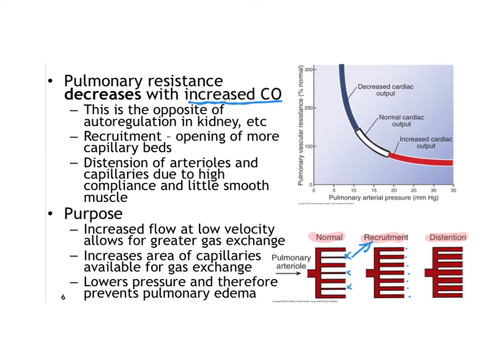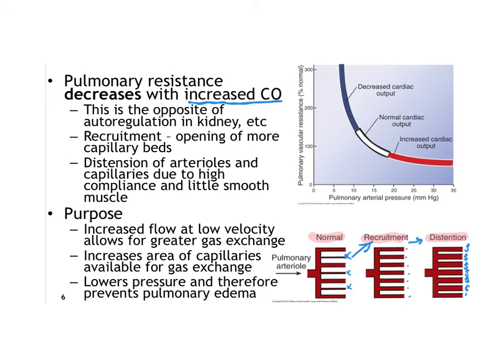If I increase cardiac output more, I have a process that's known as distension, so that these are distending, they're getting wider, so they can distend because, again, they're very compliant. And by doing that, all this distension that takes place allows even less resistance, so I can maintain a low resistance, or decrease resistance, really.